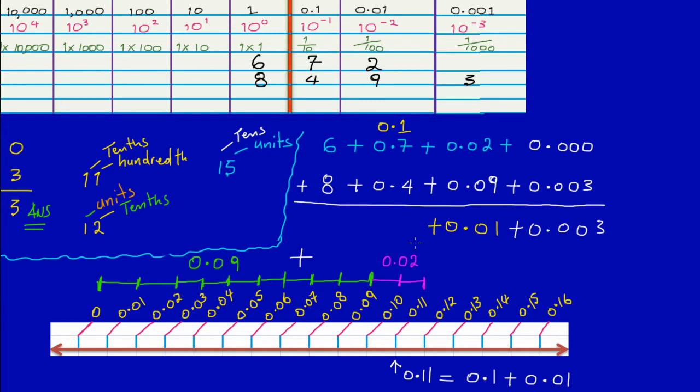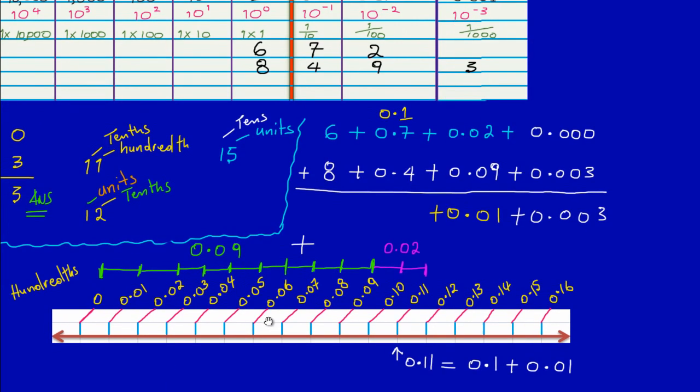Now I have calculated that on my number line, and remember this number line that we have just manipulated represents my hundredths column. Okay, so let me just make a note there quickly. Let's just move on.